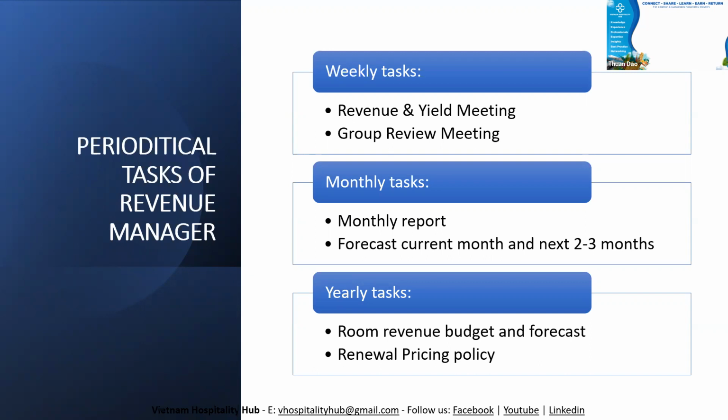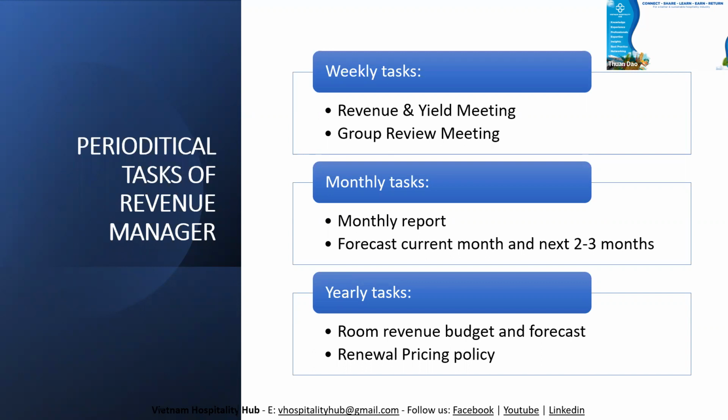We look at the prospect groups, how the status is, the probability of winning that group, how many percent. Based on this review, it also helps revenue management do the forecast for the group, to see which groups we have a high possibility of winning or which groups we don't have a chance to win. So this is the activity for the meetings.